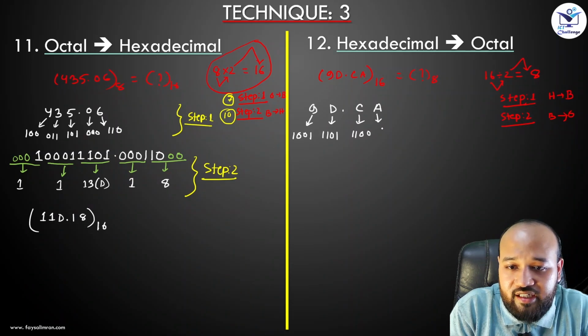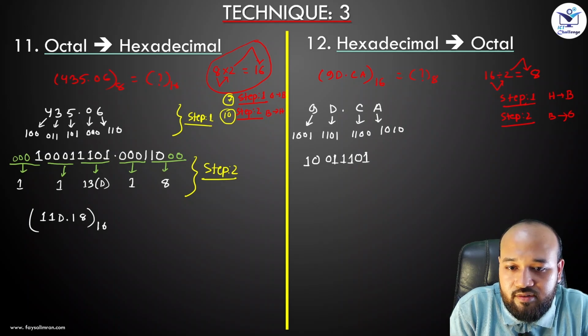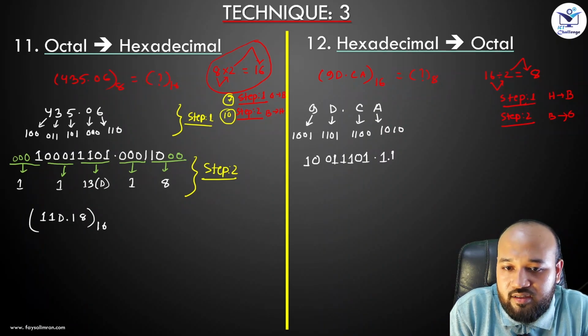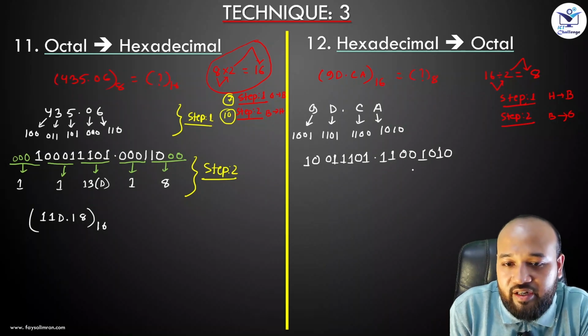A means 10, the binary of 10 is 1010. So the ultimate result is 1001 1101, here is the point, and 1100 1010. Okay, we have the binary.